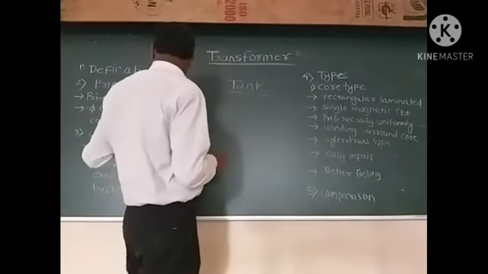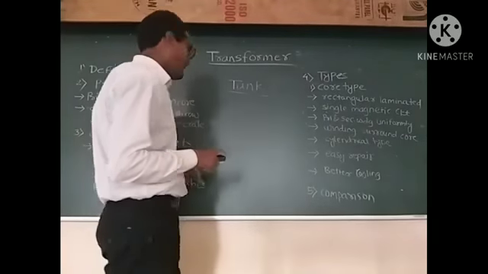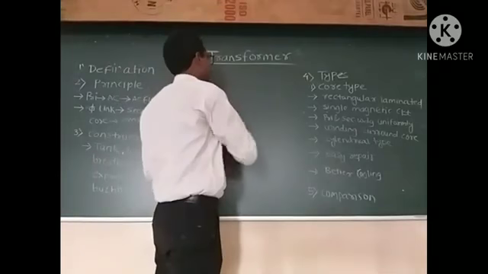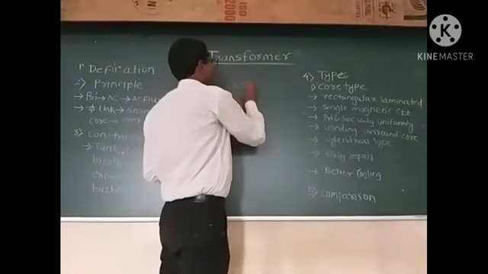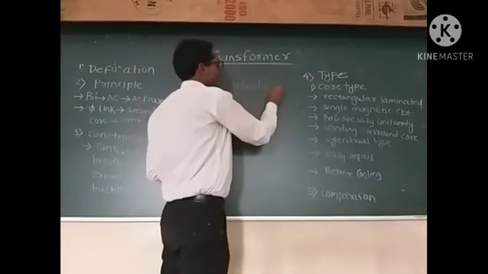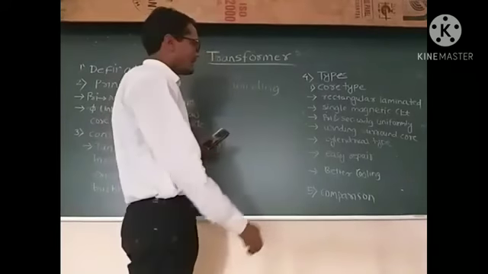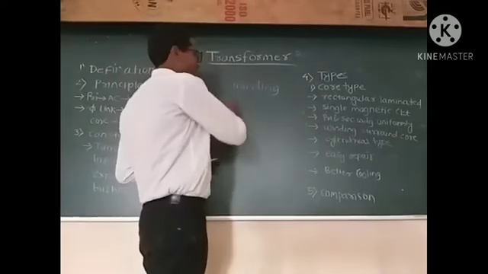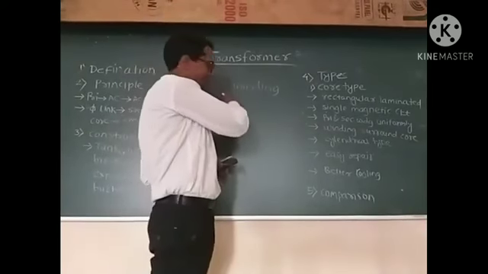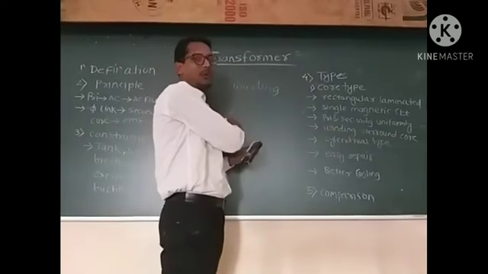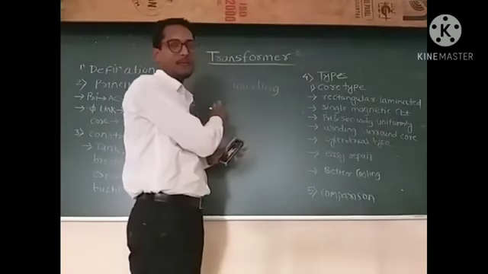After that, the second part is the winding. There are two types of winding in the transformer: first is the cylindrical type of winding and second is the sandwich type of winding.